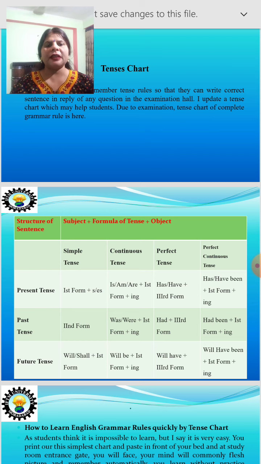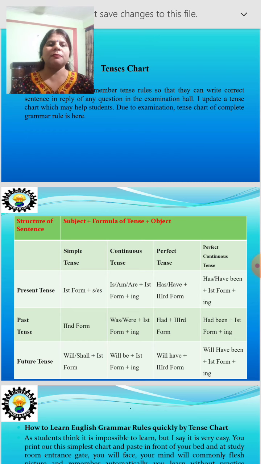And in perfect continuous tense, we use has been or have been plus first form of the verb plus ing. For example, Ram goes to school. It is present indefinite tense. Ram is singular, so we will use verb plus es. Ram goes to school.